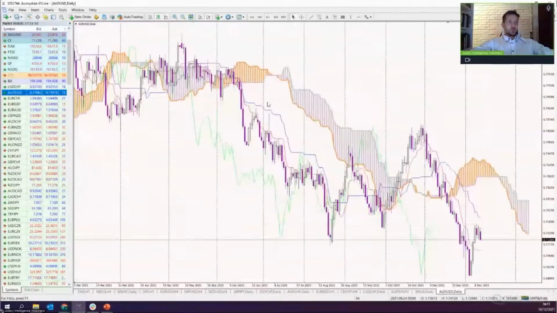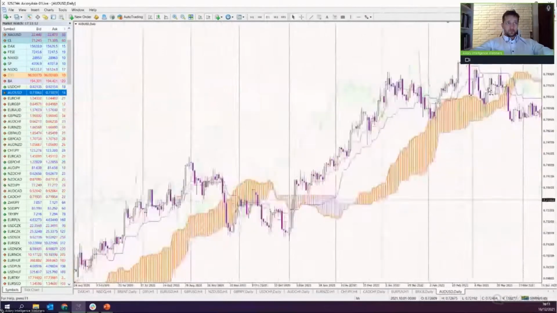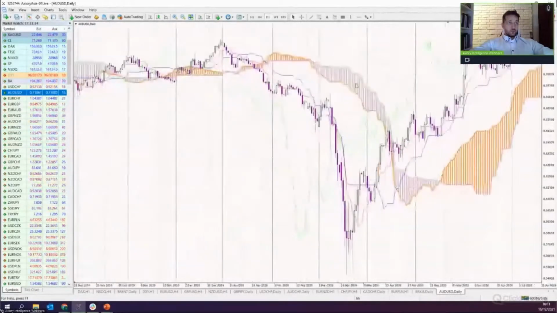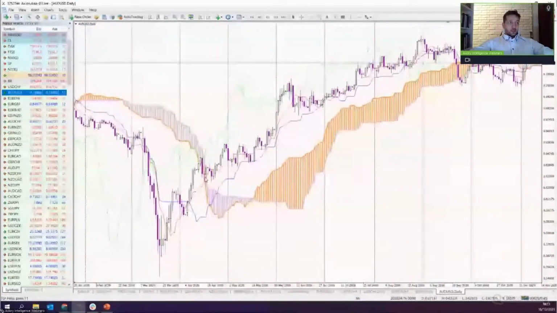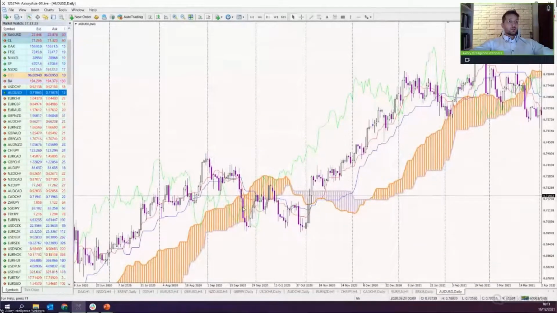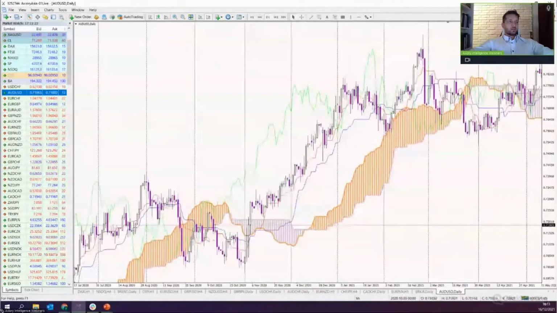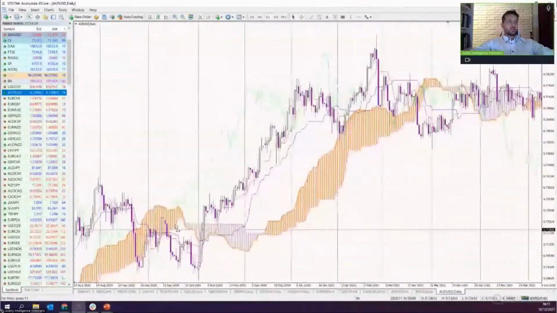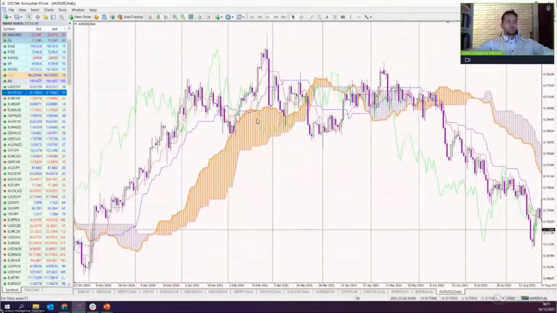Maybe let's go with Australian dollar to American dollar, also on a daily chart. Price is above Kumo. Price approaches Kumo. Does it work as a support? Not really. Price is below, approaches Kumo. Does it work as a resistance? Not really. Kumo works as a support. Beautiful.